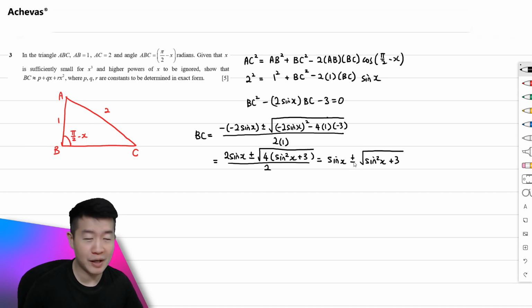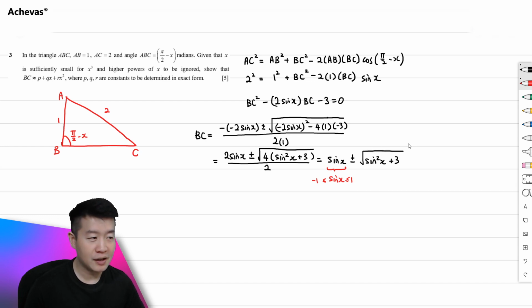We need to reject one of them. Any suggestion? How do you think we can reject the plus or minus and select just one of them? For BC, it is the length that we are talking about, so we know BC has to be a positive number. I was looking at this from the perspective that sine x by itself is always between minus 1 and 1, correct?